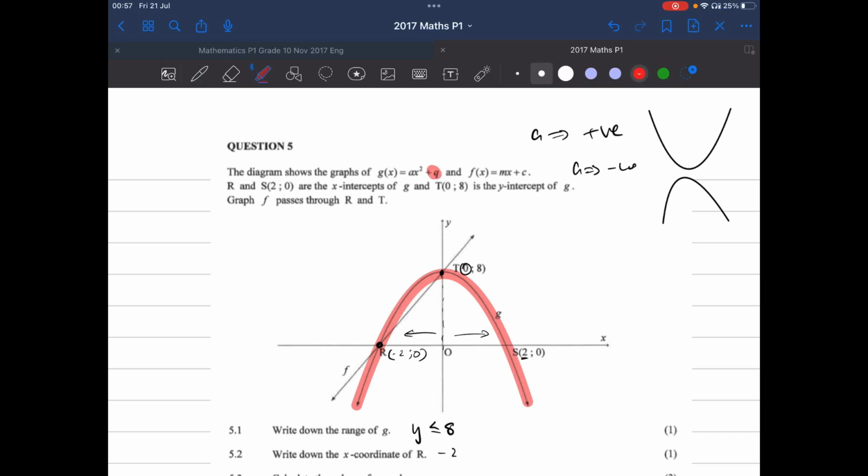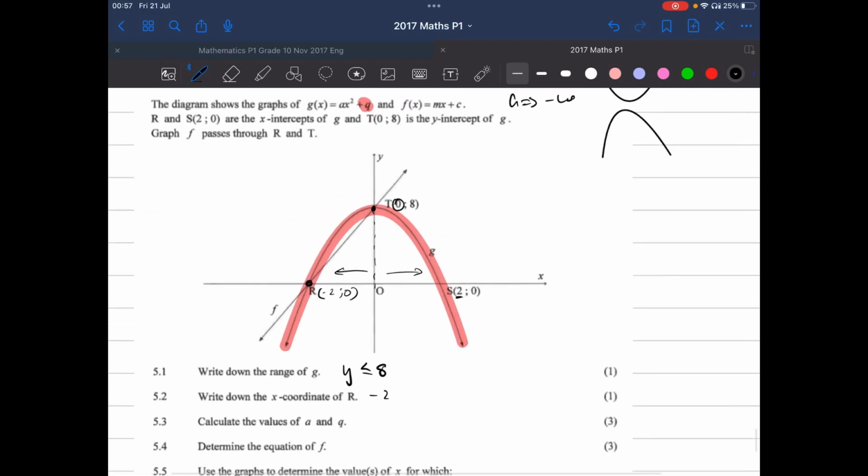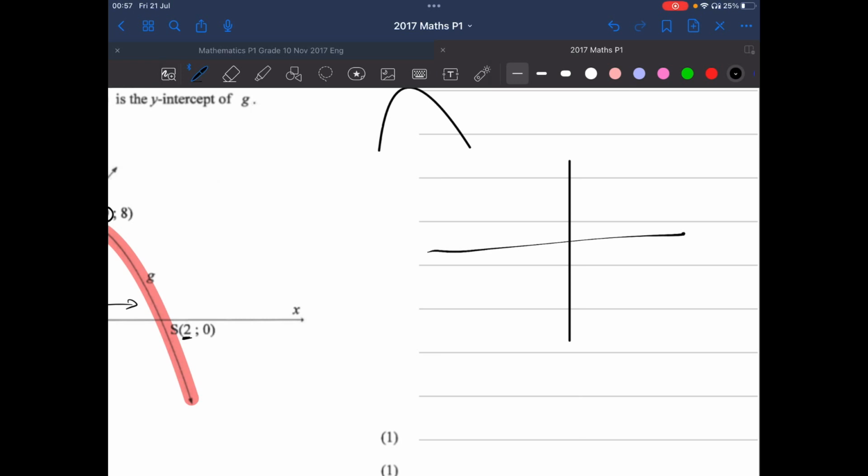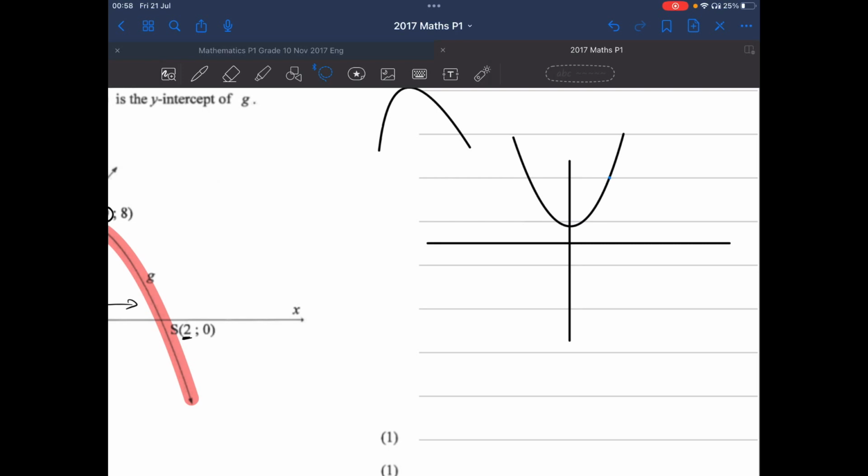And now what does q represent? q is the vertical shift. Let's say I have an axis here. The standard parabola, which is just x squared, will look something like this, so it'll have its turning point on the origin.